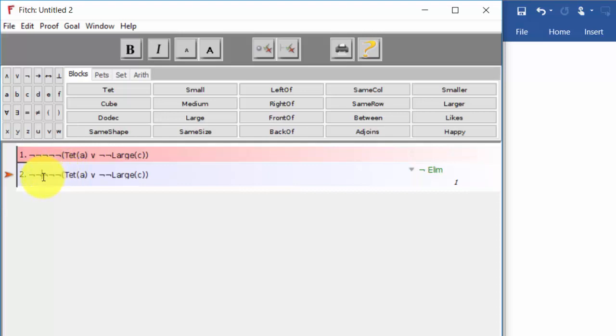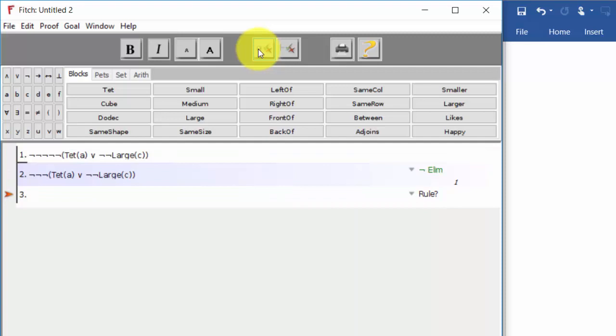And negation elimination, of course, allows us to remove two of the negations. And that's because, if you'll recall, the negation symbol tells us to flip truth values. And since we only have two truth values, true and false, if I flip it twice, then I come back to the truth value that I started with. All right, we can then even apply negation elimination to the inference that we just made.